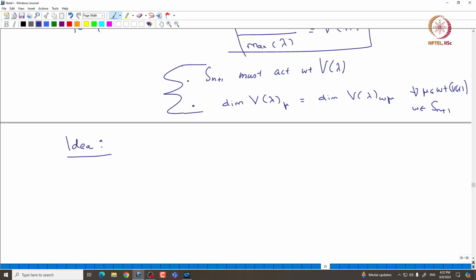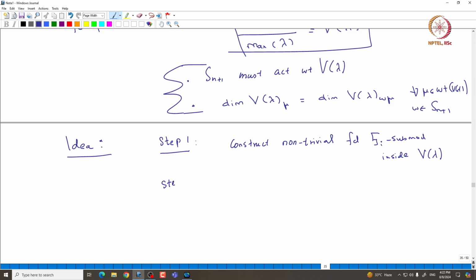To get the action of the generator, we have to use the SL2 representation theory. So, step 1 will be: first construct a non-trivial finite dimensional s_i submodule inside this V lambda. Basically, we want to construct something similar to the submodule generated by V lambda. That is the first step.